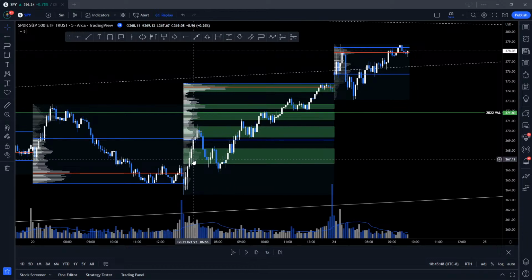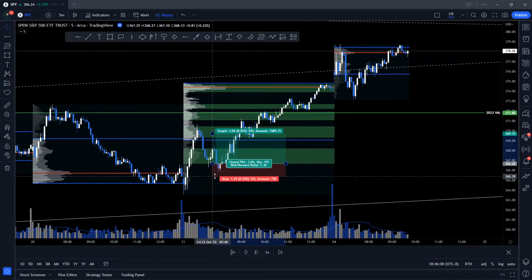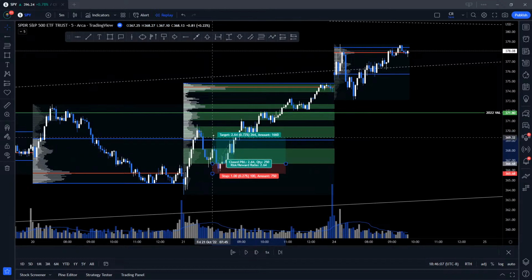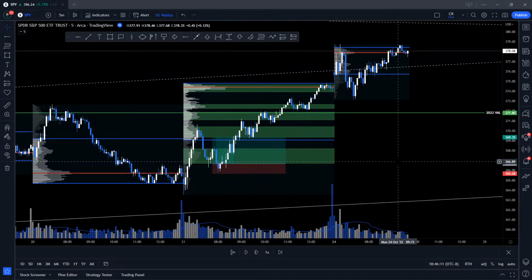As you can see, as long as your risk tolerance is good, if you're taking a long position at the bottom of the volume shelf, you're looking for whatever your 2-to-1 risk to reward.